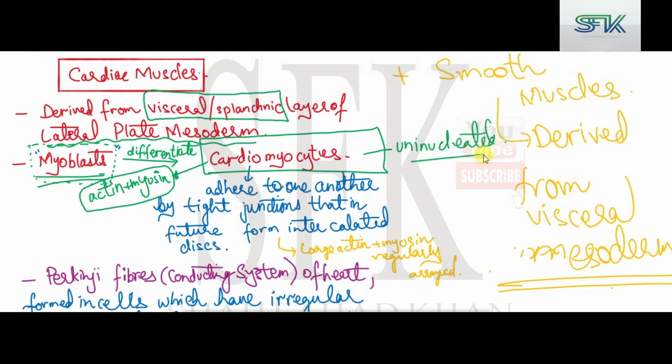By the way, each cardiac myocyte adheres to another cardiac myocyte by tight junctions, and these tight junctions later on will form the intercalated discs which are present in the cardiomyocytes. Okay, this was about the cardiomyocytes.